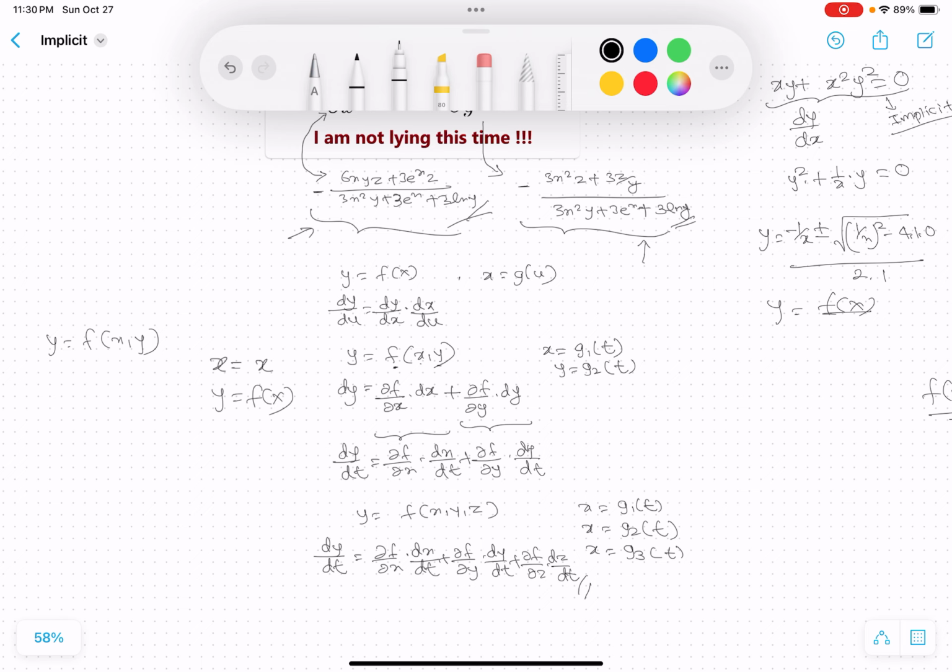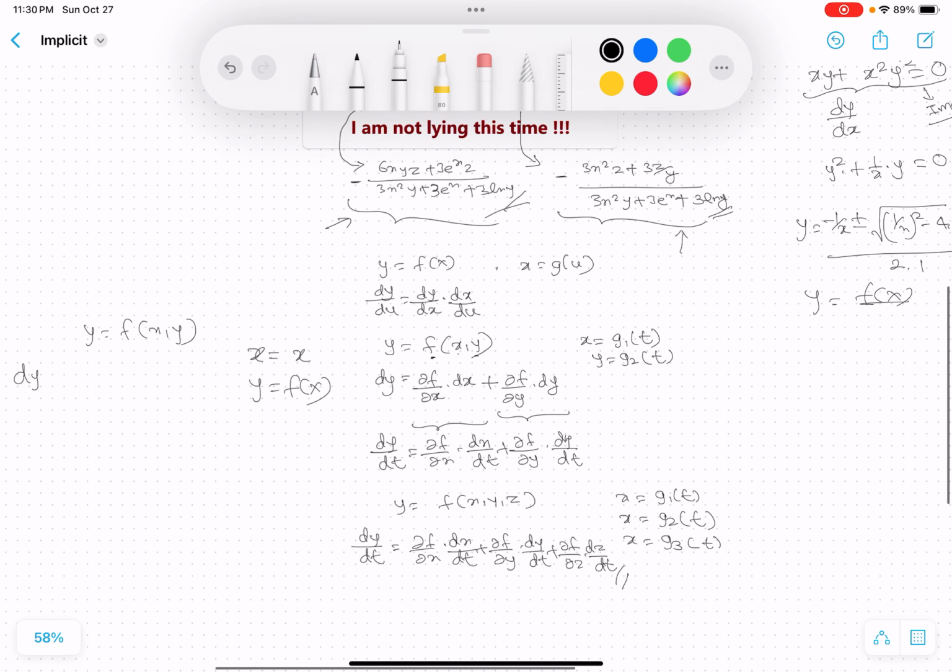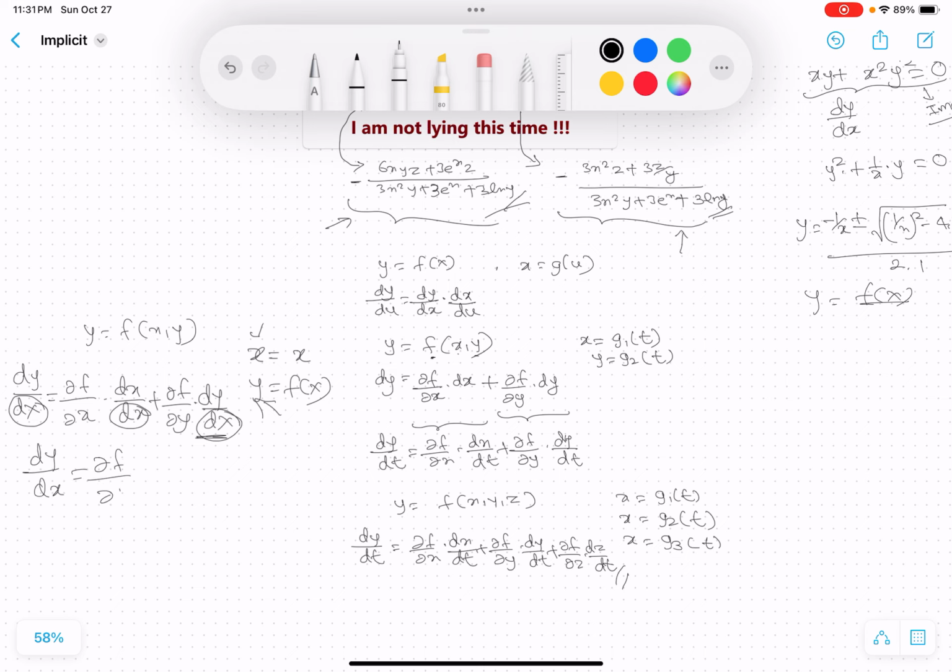Now in this case, our dy by dx, instead of dt, because these are functions of x now, would have been partial f by partial x times dx by dx plus partial f by partial y times dy by dx. Notice that over here, in place of dt there's dx, because both of these things are now functions of x, not t, right? So dy by dx would just have been partial f by partial x plus partial f by partial y times dy by dx.